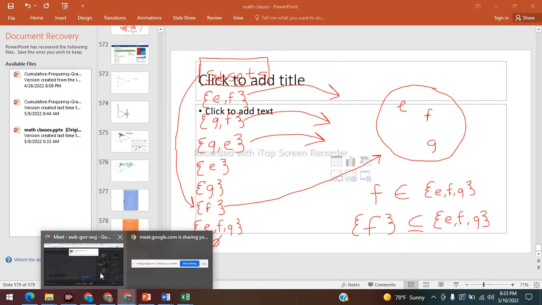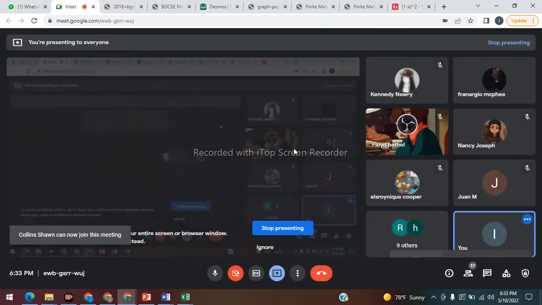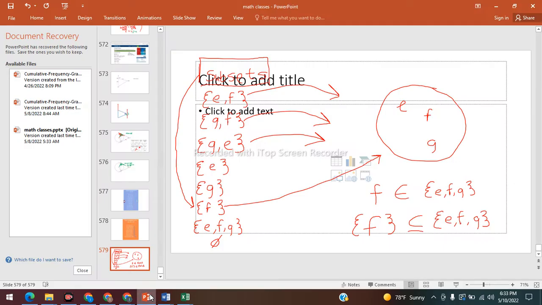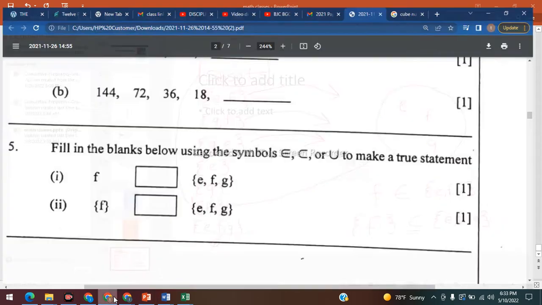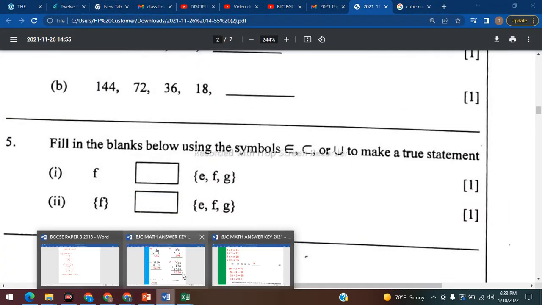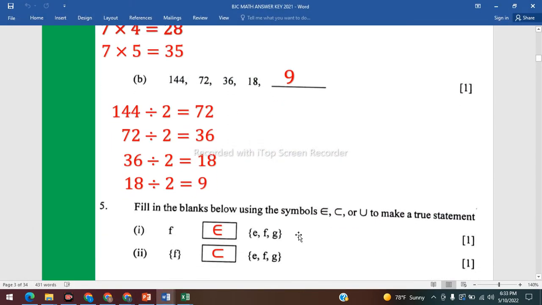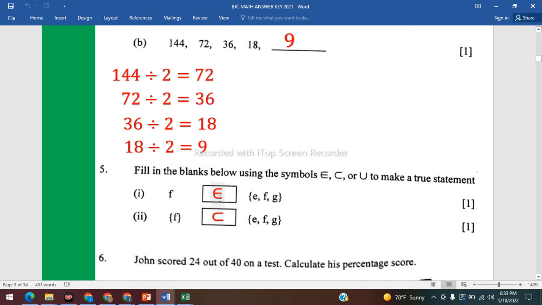Now, let's move on. So the answer here is that F is an element of this set, and the set containing F is a subset of the set.